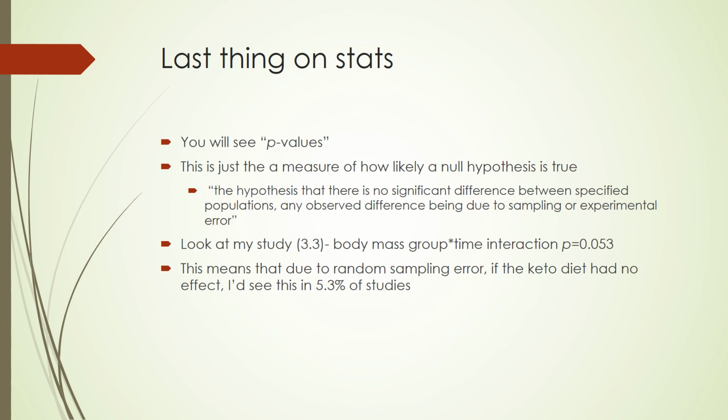So if I ran the study 100 more times, and what I did was just random error, with no true effect of the ketogenic diet making people lose weight, I should come away with the same results 5.3% of the time. Does that make sense to everybody? So it's essentially the percent that all of this is just due to random noise, right? Or things not really being related. Is everyone good with this?